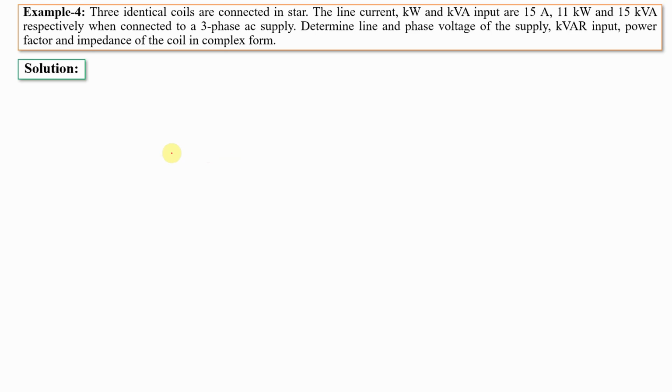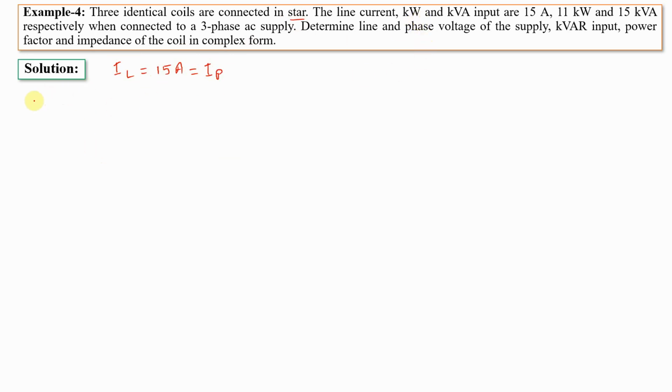First of all, in this question, the values that are given are line current. It is 15 ampere, and as it is the star connected system, so the line current is also equal to the phase current. Next, the kilowatt is given.